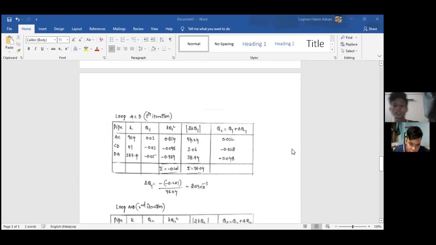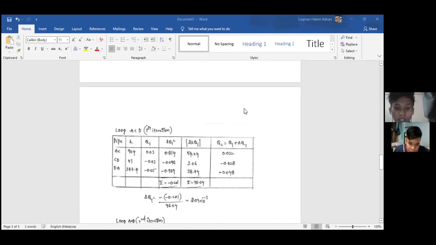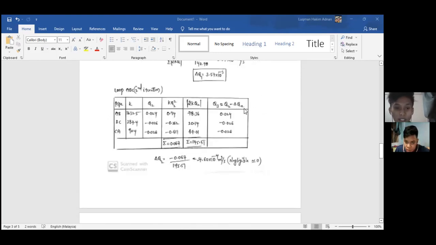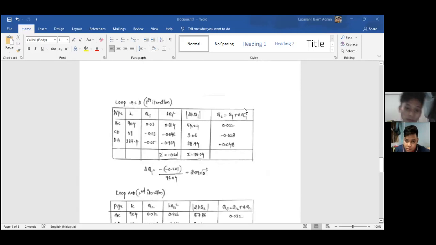So for my part, I will explain how to find the loop ACD. It is the same as what Haikal already said: we must make a table from pipe A to pipe C, pipe C to pipe D, and pipe D to pipe A. From the picture in the question, we can get a triangle loop.